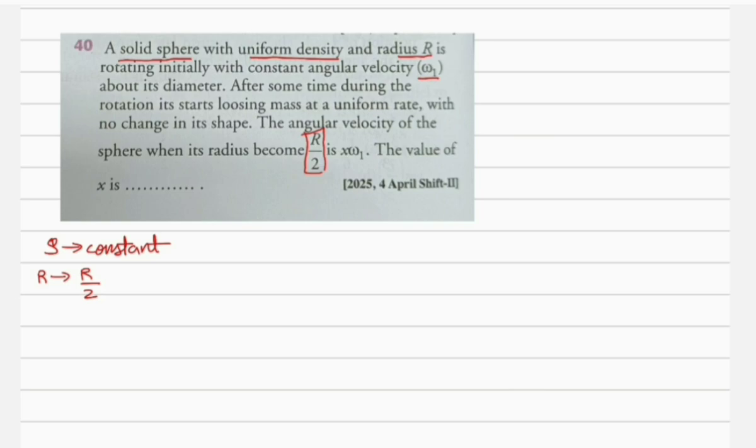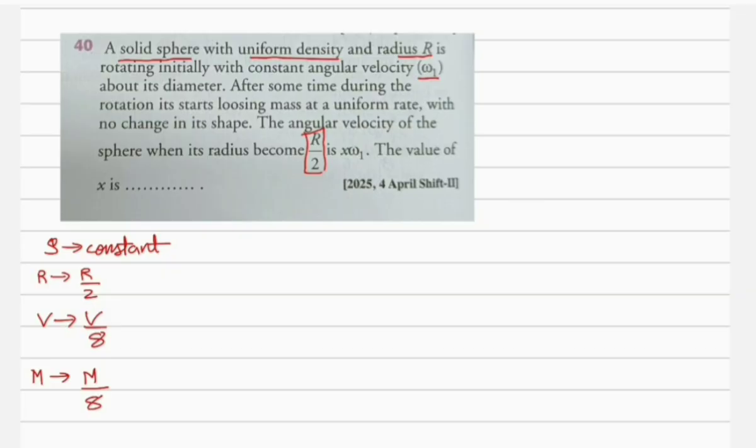The volume of the sphere is 4/3 pi r cube, so when radius becomes half, volume becomes V/8, and because of that mass becomes m/8. Because density should remain constant, mass per unit volume should remain constant. If volume becomes 1/8 times, mass also becomes 1/8 times.